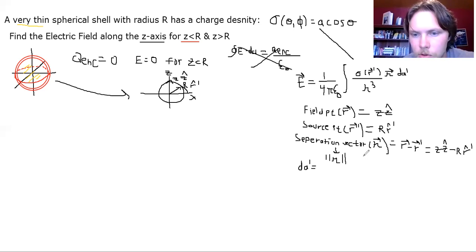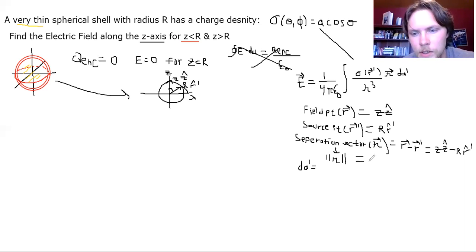And for the magnitude, noticing this angle is not a perfect 90 degrees all the time, so it depends on a cosine theta.